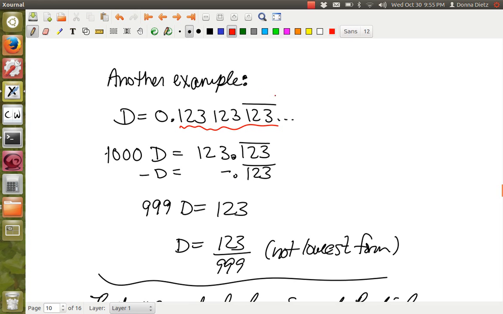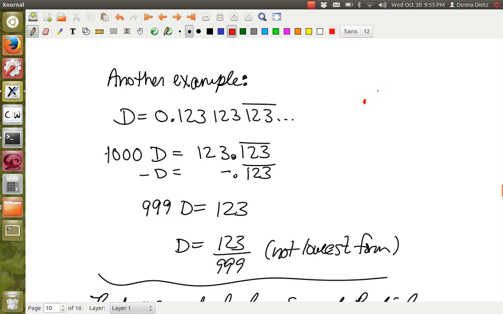And if this block is 7 digits long and it repeats, then you're going to have 7 9s on the bottom of your fraction. And so if you have 3 9s, that's a third, right? How might we arrive at that?